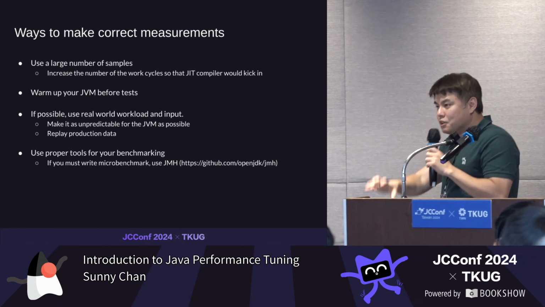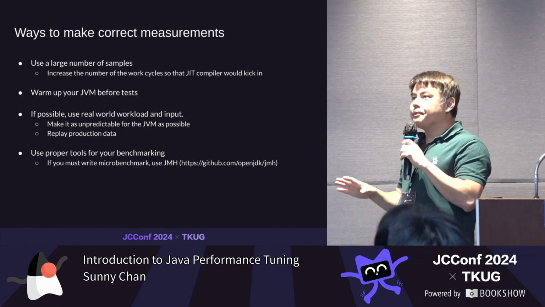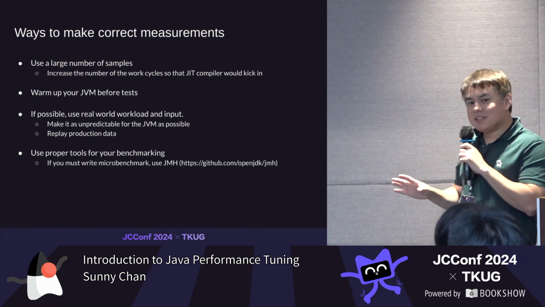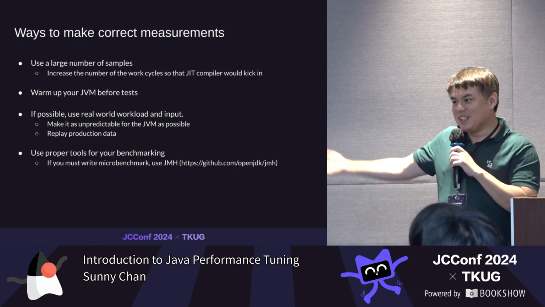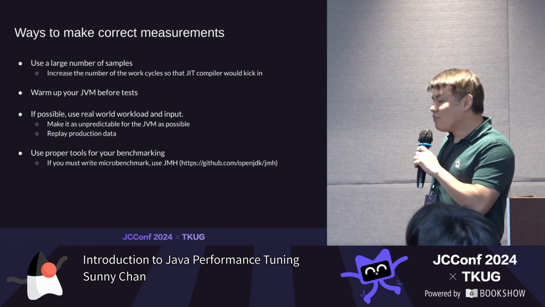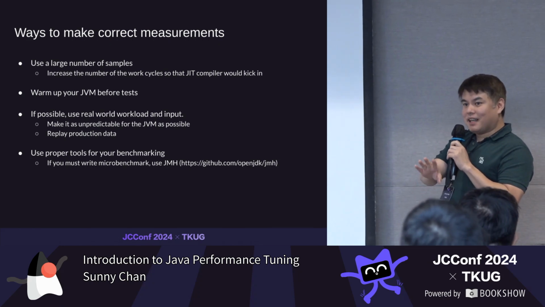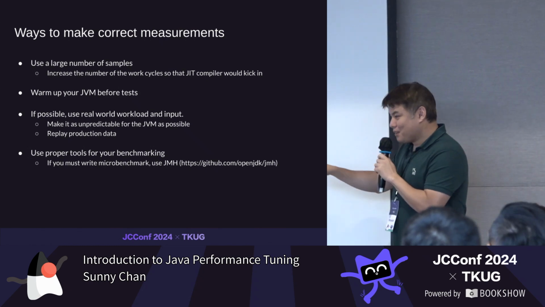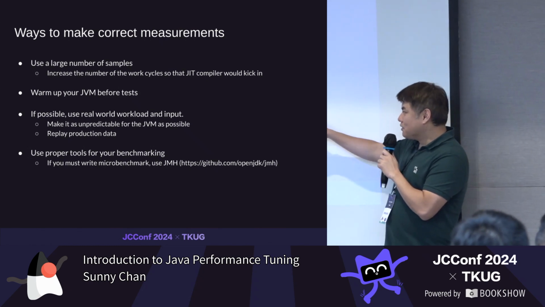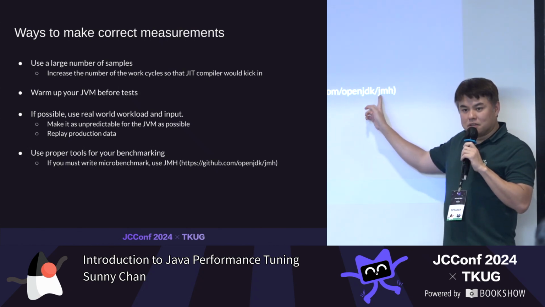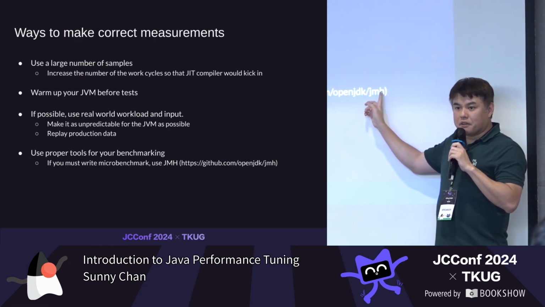So how do you prevent this kind of thing? Luckily, we have somebody who is an expert in this kind of measurement, and they've already worked out all the problems for you. So if your boss ever asks you to measure all this performance, make sure you write your tools with JMH, which is a very great framework.